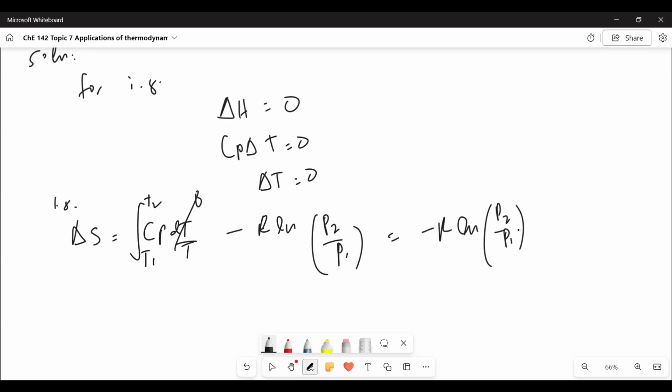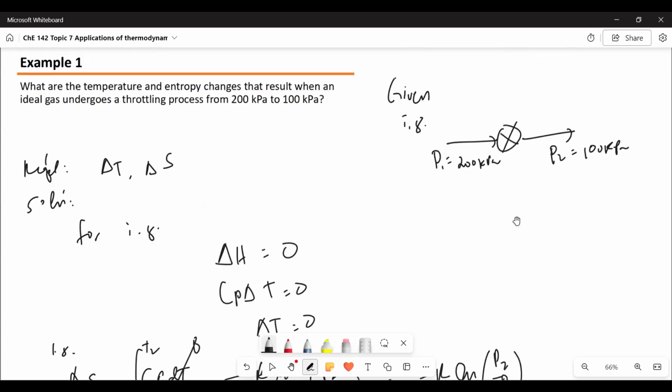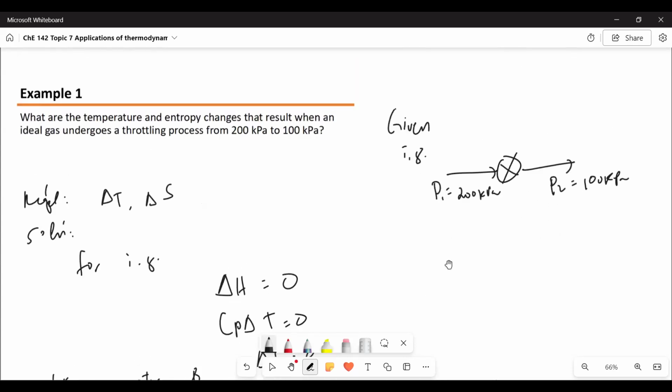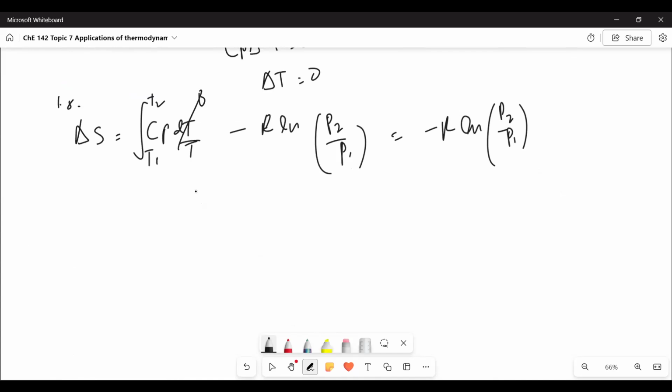Now, we know the initial and final pressures. They are given in the problem. We can substitute back into the equation. We can use R equal to 8.314 joules per mole Kelvin, multiplied by ln of P2, which is 100, over P1, which is 200.